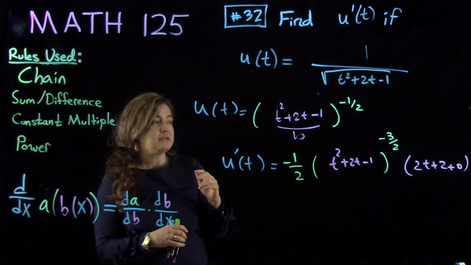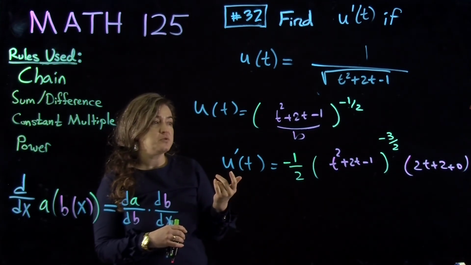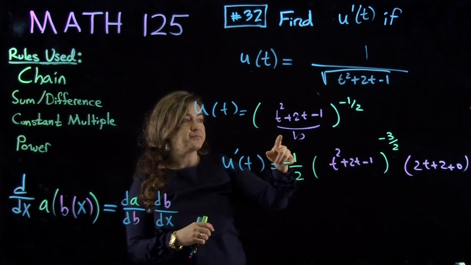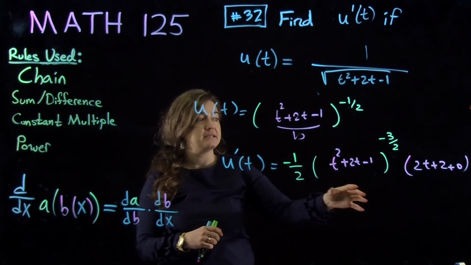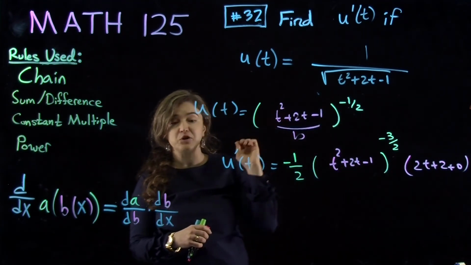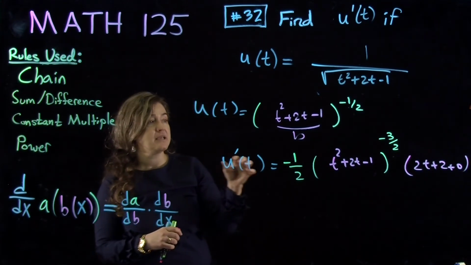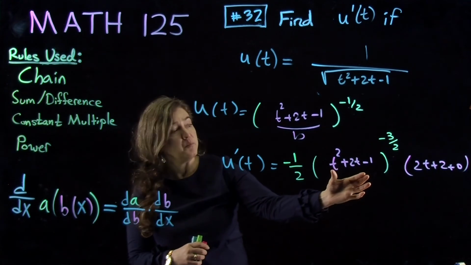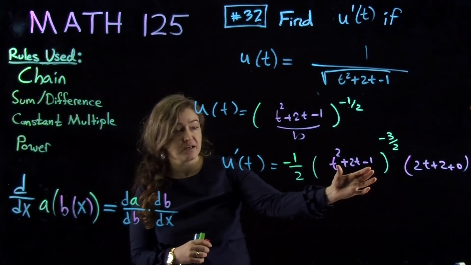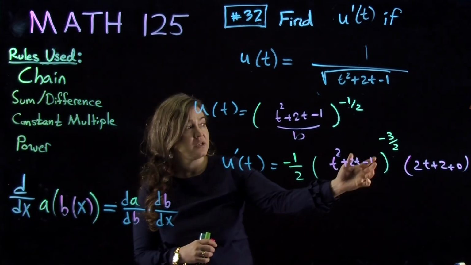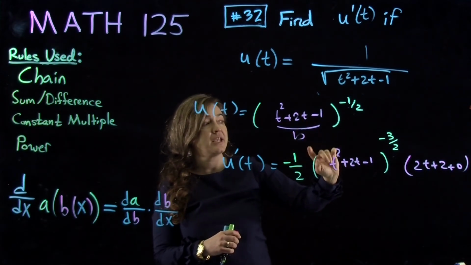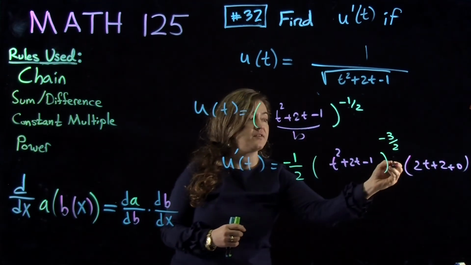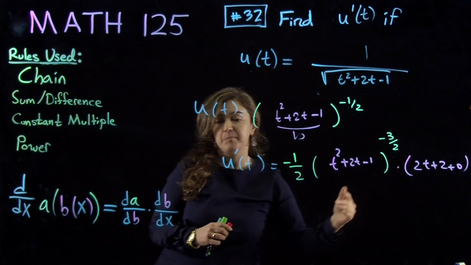The other important part is to recognize the outer function and the inner function. When you're peeling the onion, you take the derivative of the outer function, make the inner function unchanged, then you have a chance to take the derivative of the inner function, and that's a separate part of it.